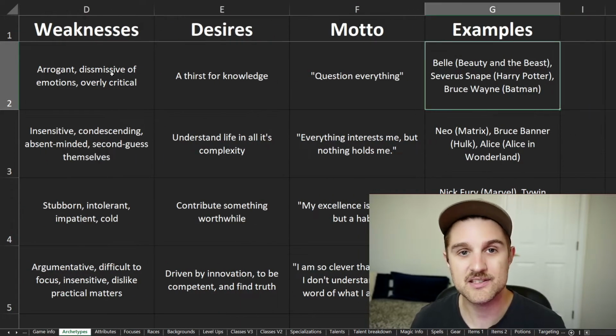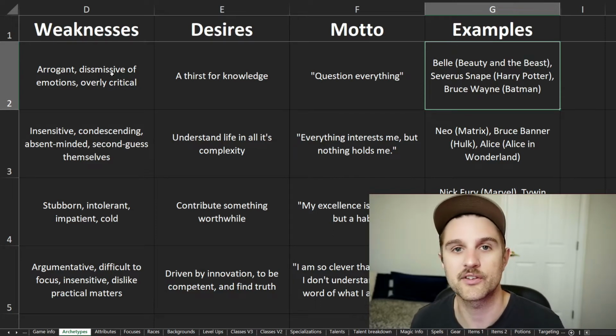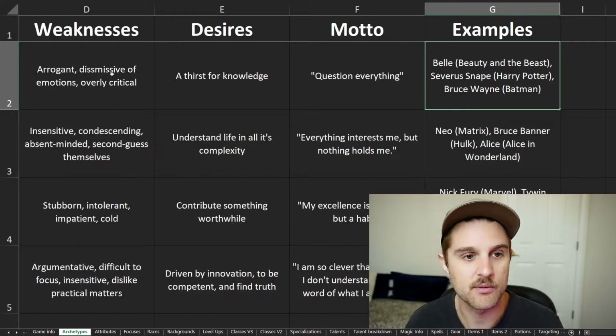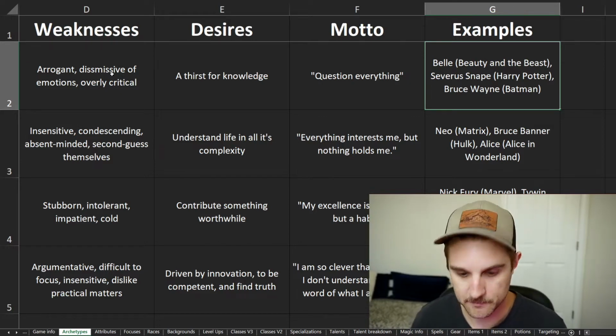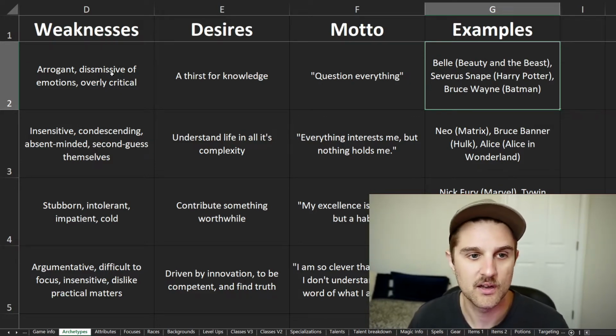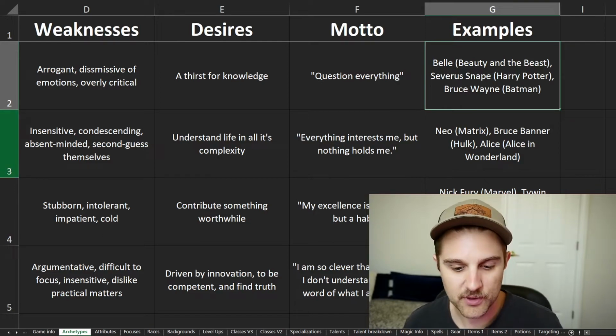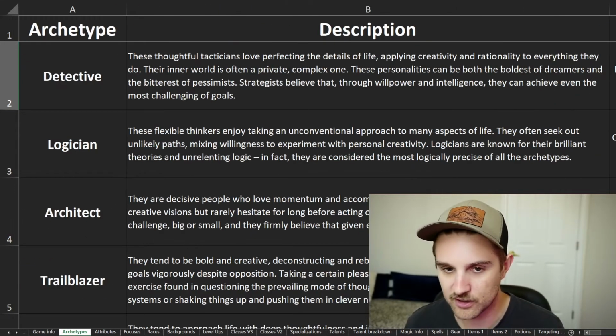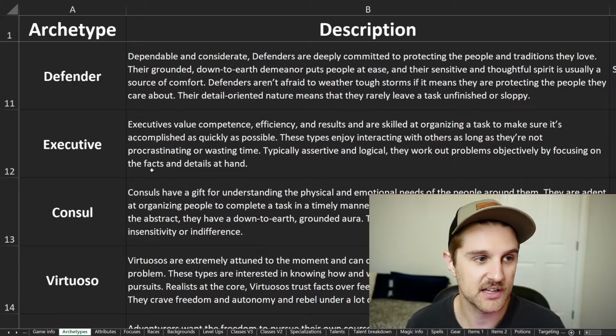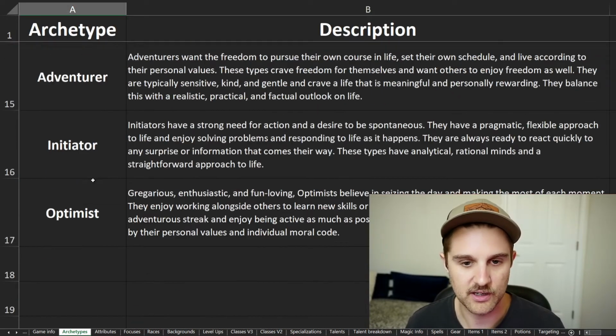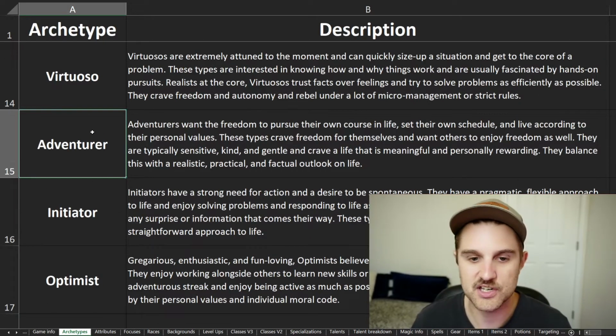And then I added some examples from popular culture that might help you play out this character: Belle from Beauty and the Beast, Severus Snape from Harry Potter, and Bruce Wayne from Batman. These are just some examples. So that was the detective of the archetypes. Again, I've got a bunch of these archetypes: defender and consul. I've got optimist, adventurer, initiator, all these things here.